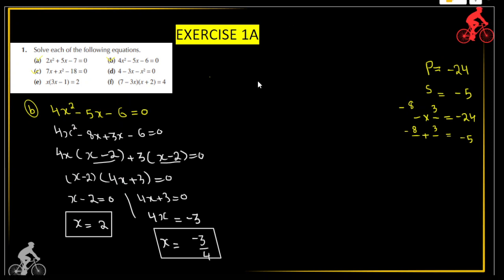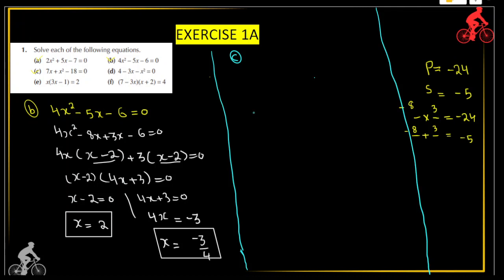And now we will solve part C. So what part C do we have? In part C we have 7x plus x square minus 18 is equal to 0.